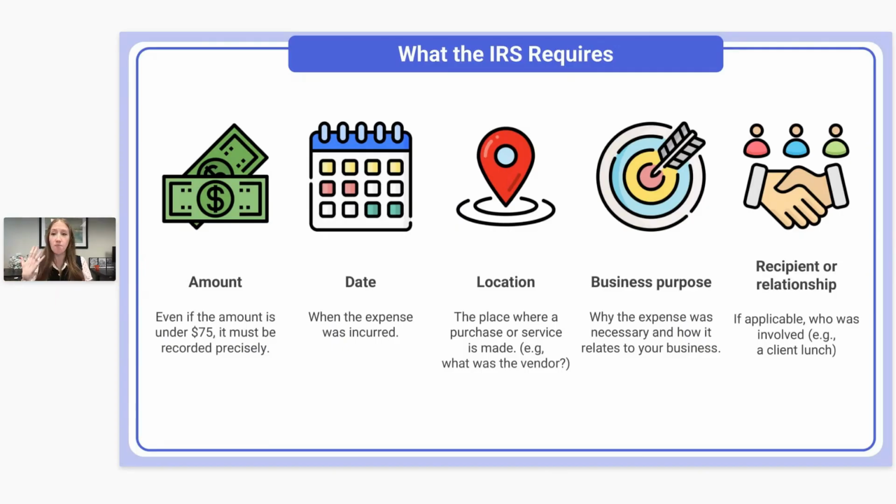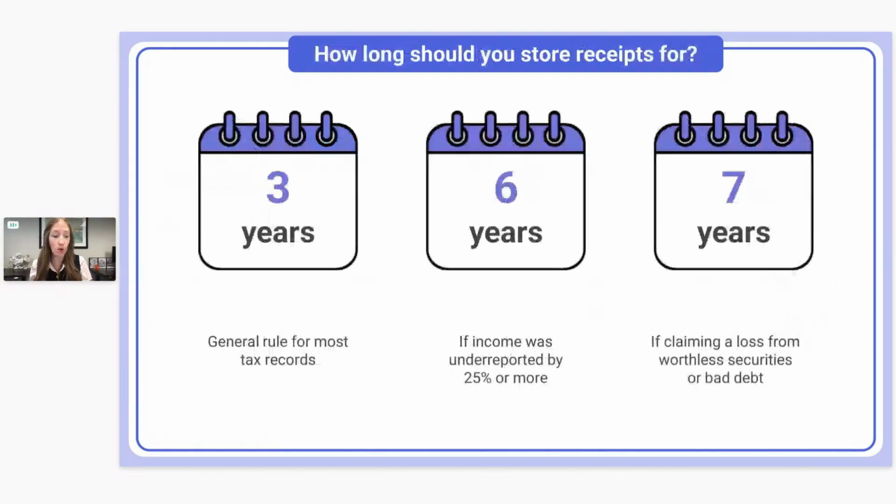And you also might want to know, how long do you actually need to store these records for? Well, the IRS recommends that you keep most records for at least 3 years, though some situations require that you hold on to them for longer. So the general rule of thumb for tax records is that you should store them for at least 3 years.